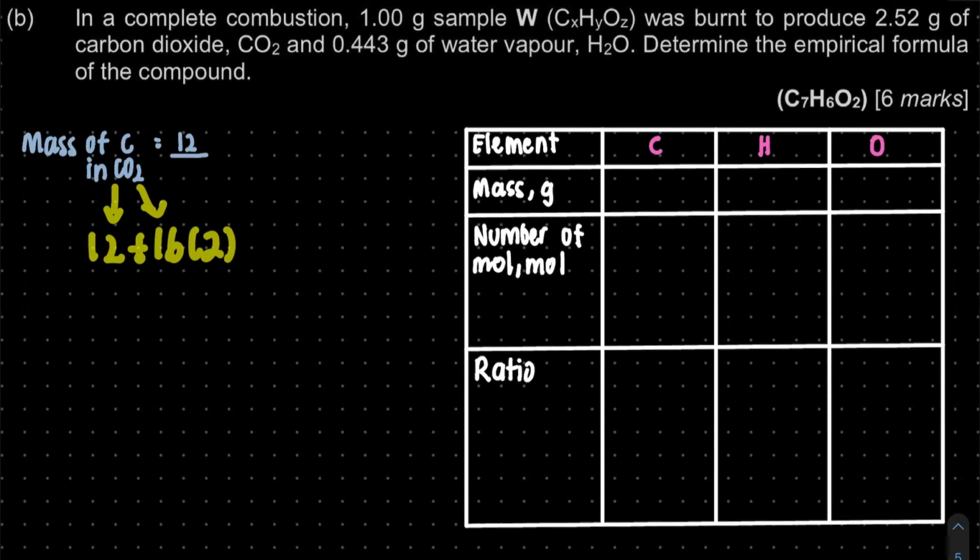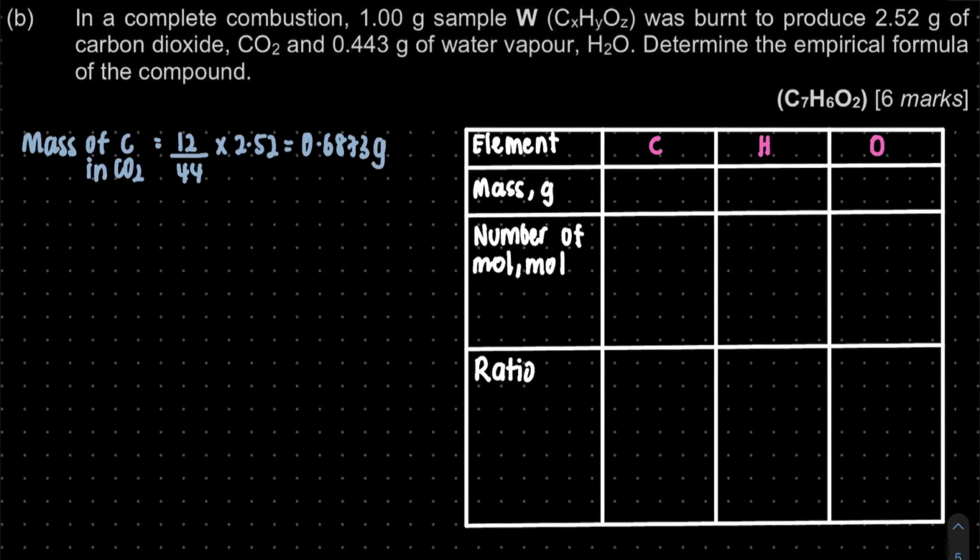So when we add these values, we get 44, times the mass of CO2 from the question, which is 2.52 gram, and then we will get the value to be 0.6873 gram.